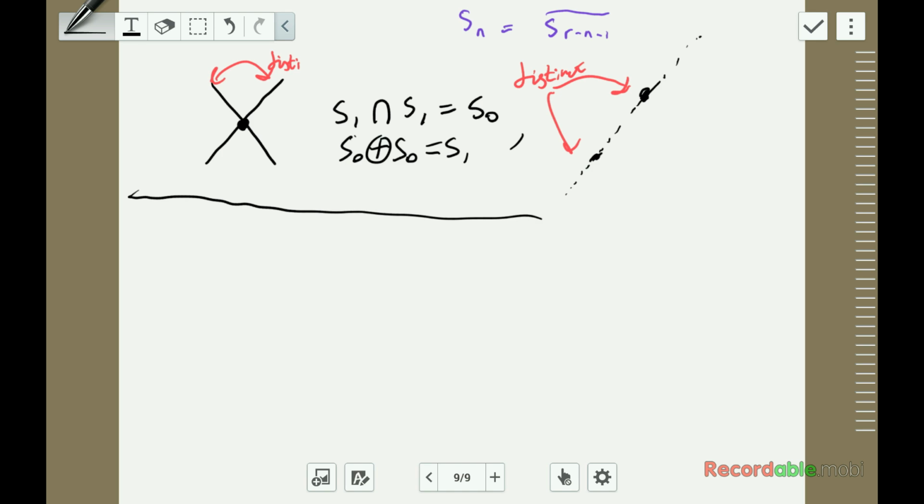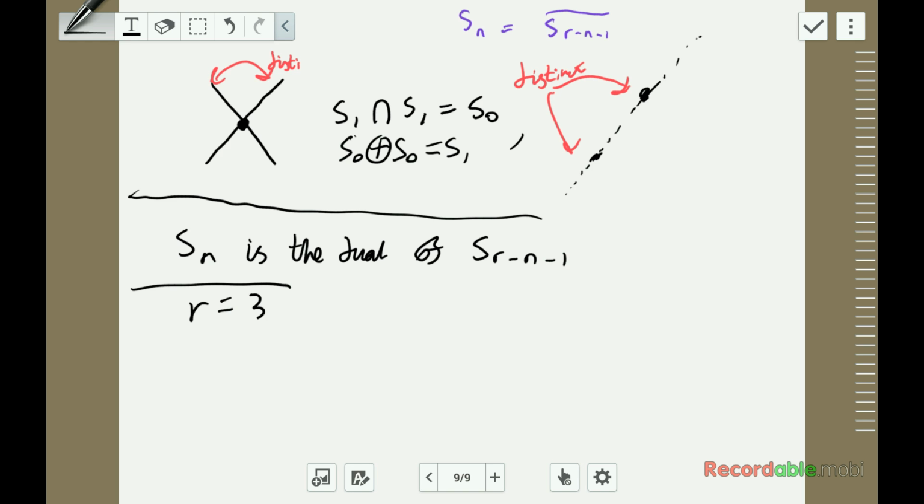And the key formula is that, say we have r-dimensional projective space, well, the subspace Sn is going to be the dual of the subspace S(r minus n minus 1). So let's look at the case where we have 3D space.